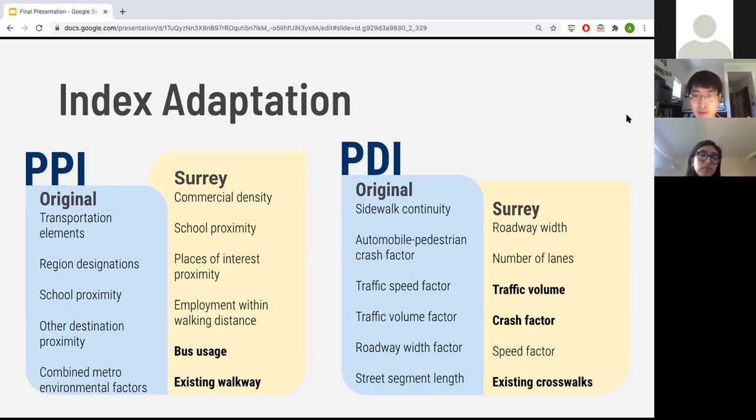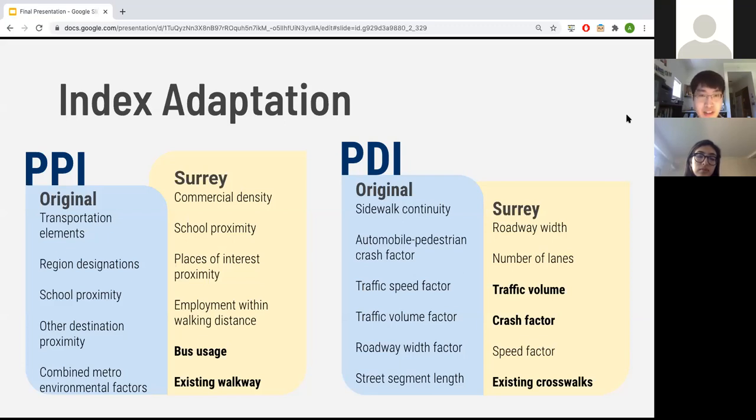We also have road width, the number of lanes, and traffic volume and other factors related to crash or speed. And specifically in our case, because we care about crosswalks, you probably don't need several crosswalks where one is just adjacent to another. So that's why we also take into account the distance to the closest crosswalk from a particular intersection.